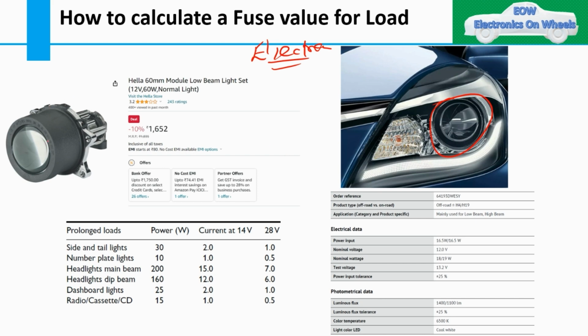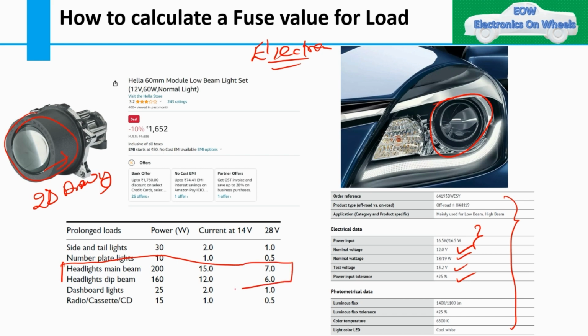When you are working as an engineer, this headlamp will have a 2D drawing, and this 2D drawing will have some information like power input, nominal voltage, and test voltage. These are the information based on which we will derive our current, and then we will see the fuse value. So one example I am taking is this headlamp main beam.